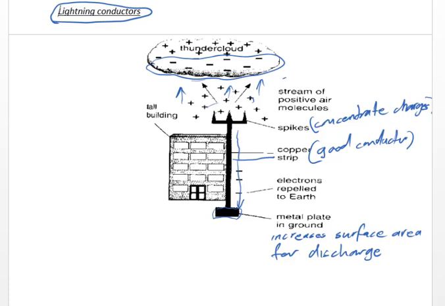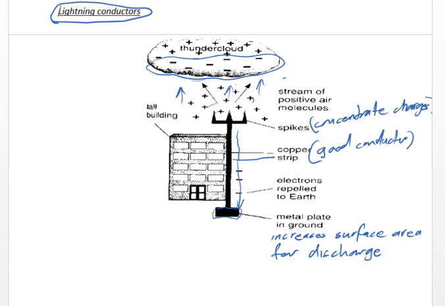So if at all the lightning does strike, we are protected by this lightning conductor still, if the air molecules did not reduce the negativity of the cloud or discharge it.